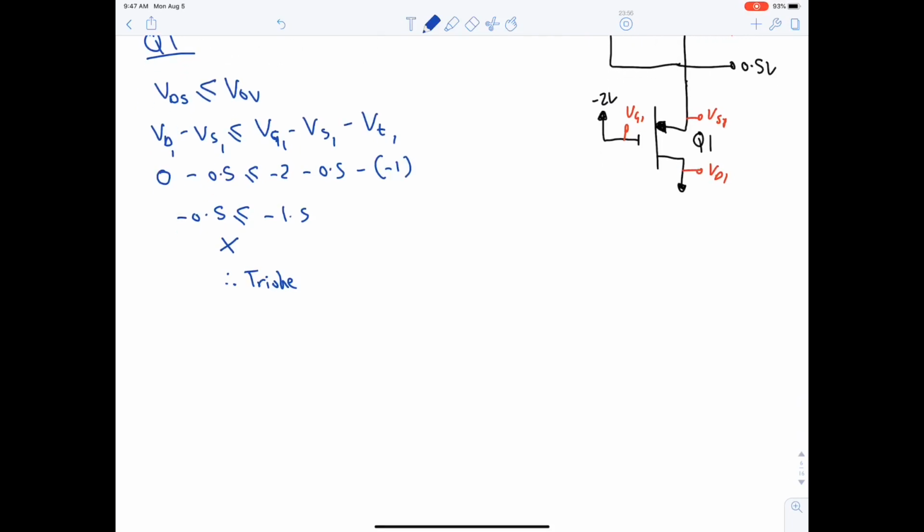Okay, after we figure out that it's triode, we have to find W. So it's Kp prime W over L, W4 or W1, VOV minus half VDS multiplied by VDS.